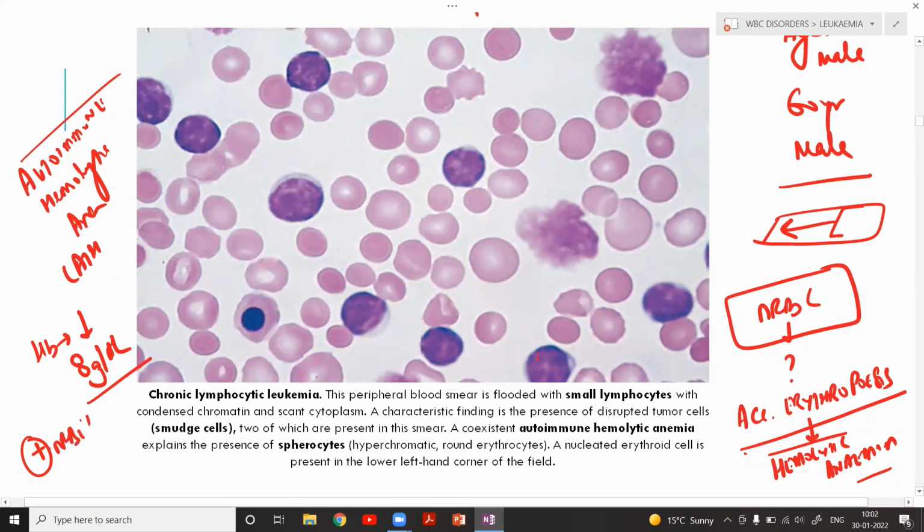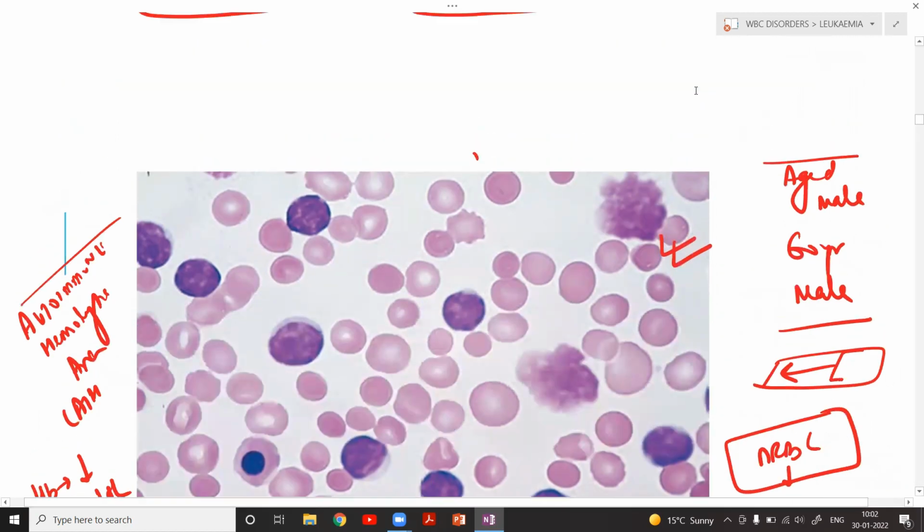In that case, you have to elaborate on the features of spherocytosis also. Coexistent autoimmune hemolytic anemia and spherocytes are a very important feature that can give you a hint to the diagnosis. In the exam, problem cards can be used, and this picture might also be given in competitive exams. Is it clear how it is involving the blood?